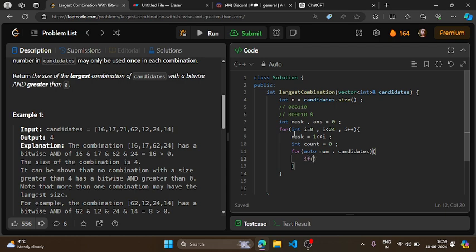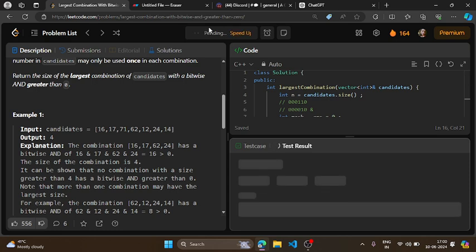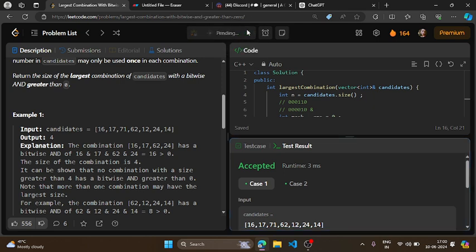So I'll check if, after taking the AND of my num with the mask, I'm getting a non-zero value, then I'm sure there was 1 at that position and I can include that number in my subsequence. After doing all this, I'll update my answer as the maximum of answer and count. And in the end, I'll return my answer. So this is what we have done here. Now let's check if it's working or not. Yeah, it's working fine.